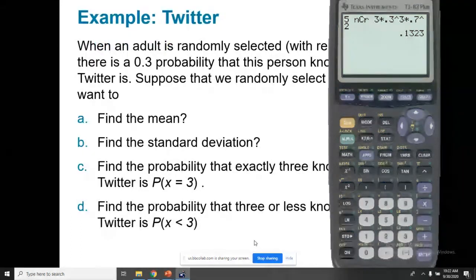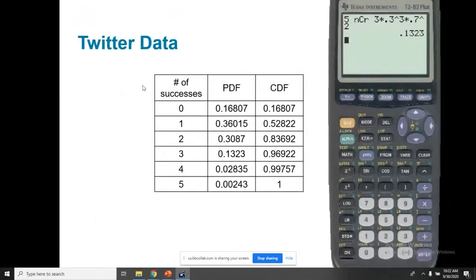Before we answer this last question, I want to go to the very last problem, the very last slide in the set of notes, and this is the actual probability distribution for that Twitter data. I just want to see how this calculator lines up with the formula.